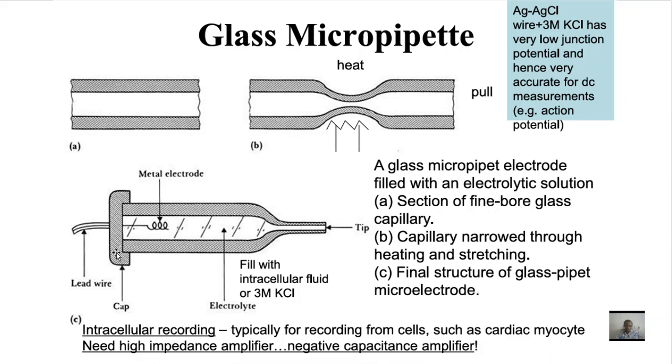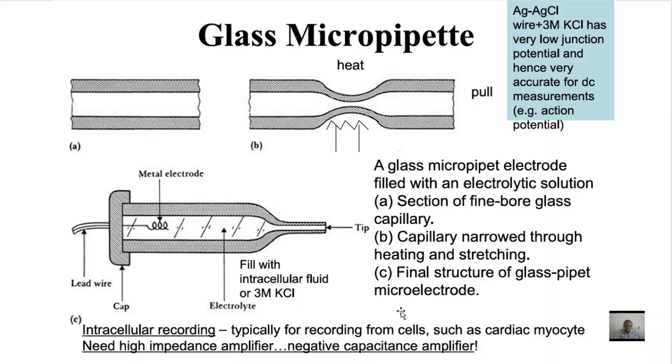So like this we finally make the fine bore glass capillary, and we insert the metal microelectrode at the center. This is the lead wire for connection, and this is the tip. It is filled with the intracellular fluid, that is potassium chloride, and this is the cap.